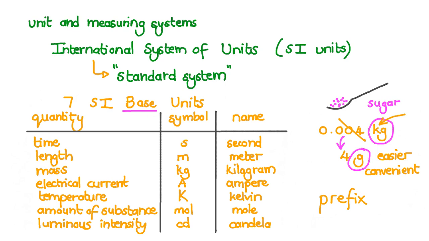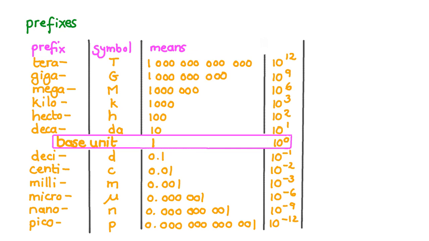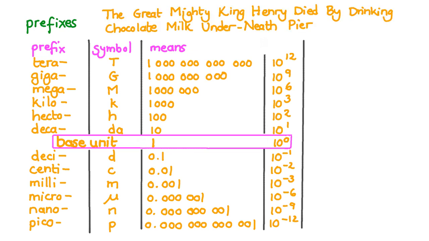Now let's learn about the different prefixes and how to convert between them. The table shows a list of prefixes, their symbols, and what the prefix means. This mnemonic will help us remember the order of the prefixes. The great mighty King Henry died by drinking chocolate milk underneath pier.